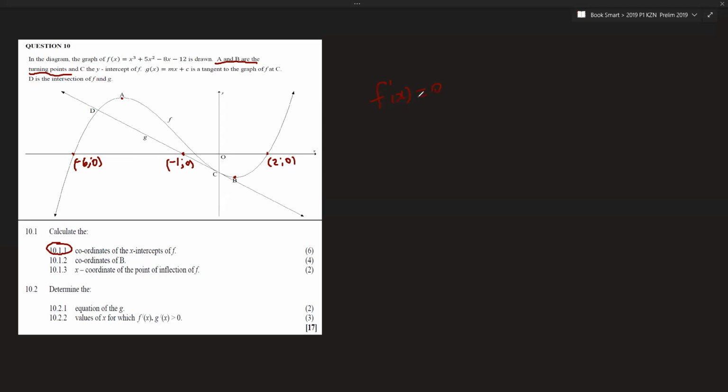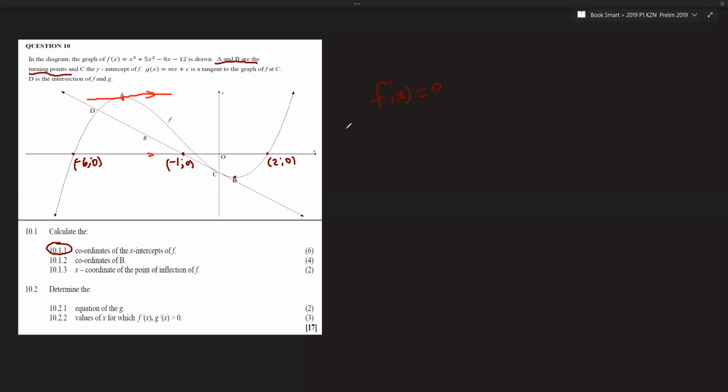Why? Because the gradient of the tangent at the turning point is 0. If you check here, this line is the tangent there, but it's parallel to the x-axis, and the x-axis has a gradient of 0. So all the turning points, all the minimums, all the maximums, the gradient is 0. So when the question asks you about minima or maxima, you do this.